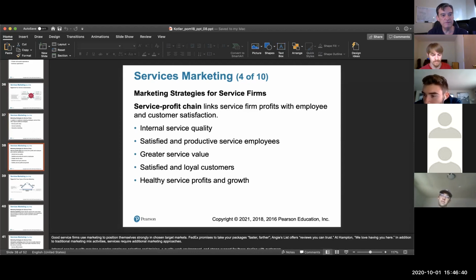Now in the service profit chain, you have to produce internal service quality. That means regardless of who's coming to your restaurant, your employees are able to produce superior service.